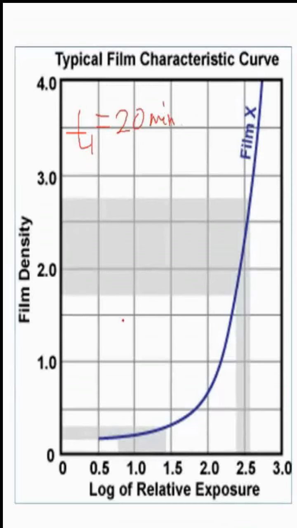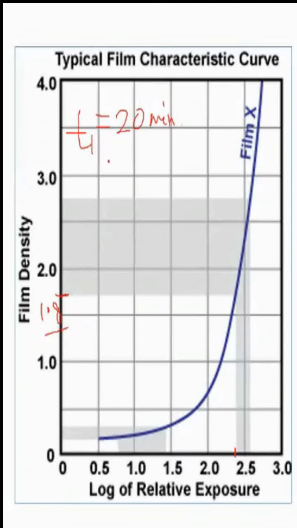That means we say that we had a 20-minute exposure and we got a value of say 1.8 as density. When we had given an exposure to some object, film was developed and we got a density of 1.8 on the film, right?